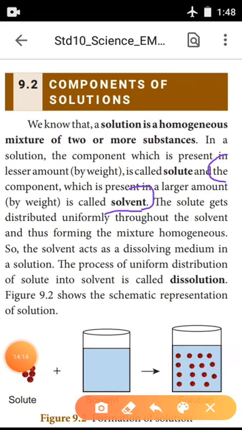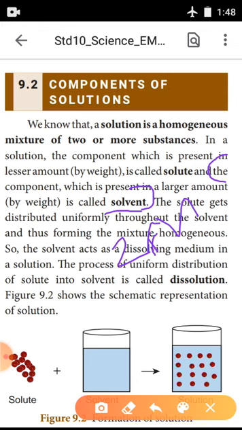The next question. What is solvent? This is also one of the 2-mark questions. You have to mark the question. What is solvent? The component which is present in a larger amount by weight is called solvent. If the amount of substance is lesser, it is solute, larger means solvent.